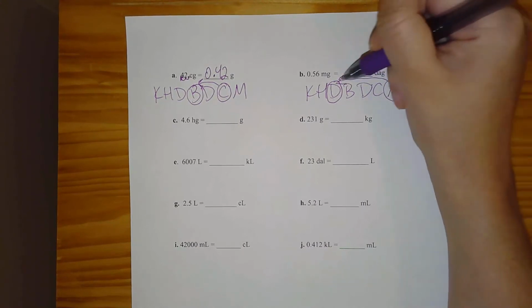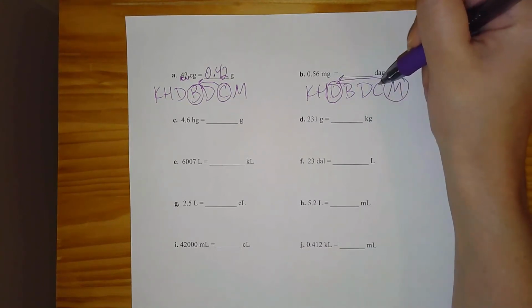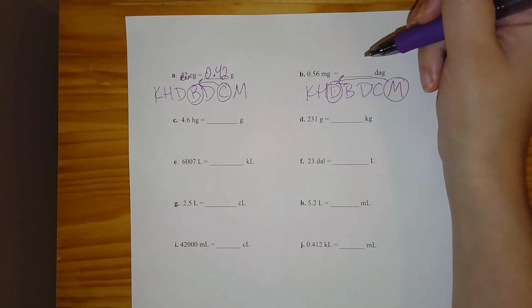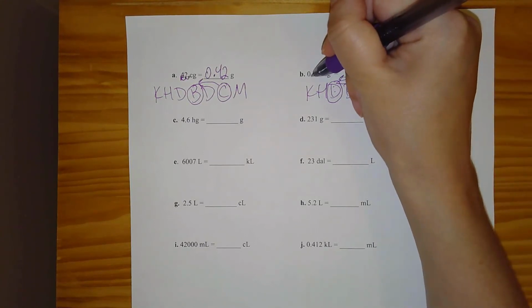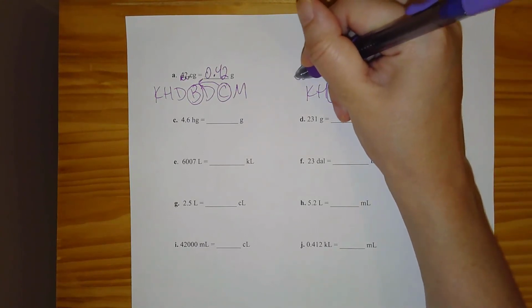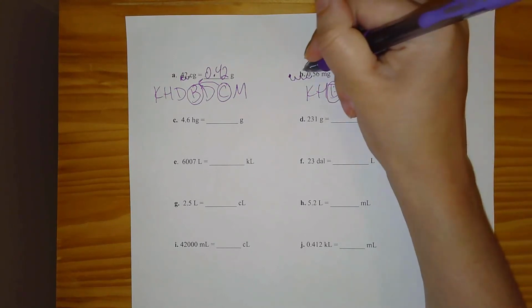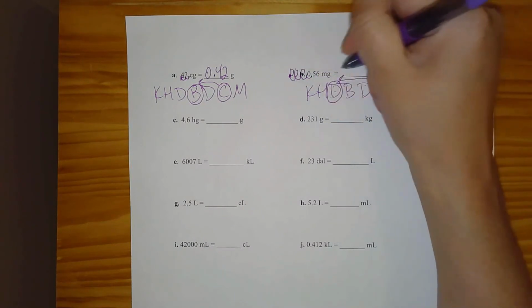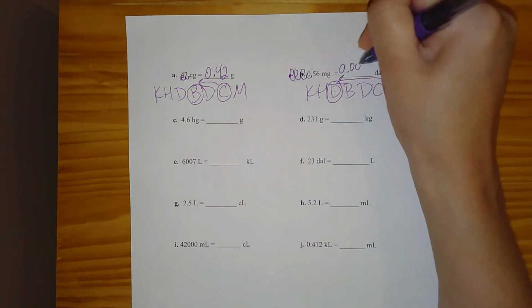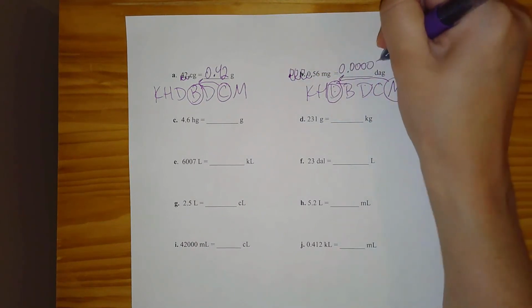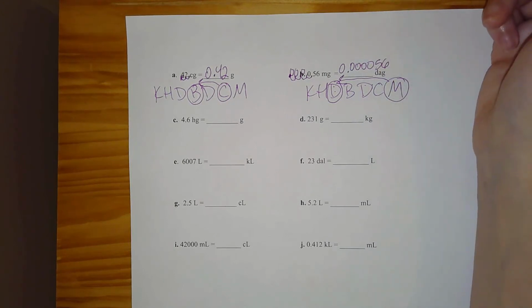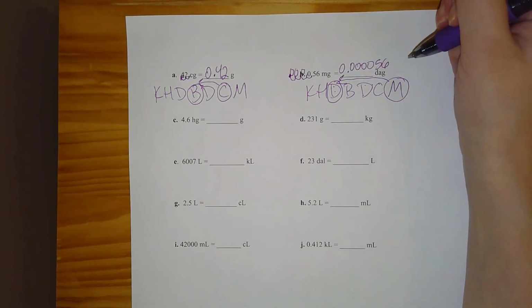We're still going to go to the left, but 1, 2, 3, 4 spaces this time. So this is my decimal. I'm going to go 1, 2, 3, 4 spaces to the left. All these little blank ones are going to be zeros. So this is 0.0001234 zeros, 56 decagrams. Okay?